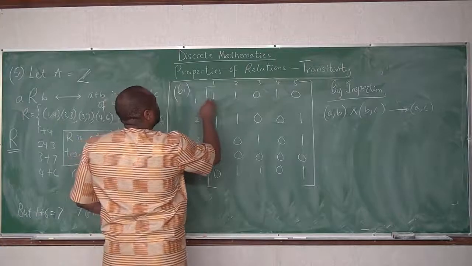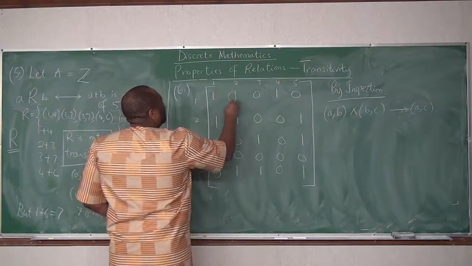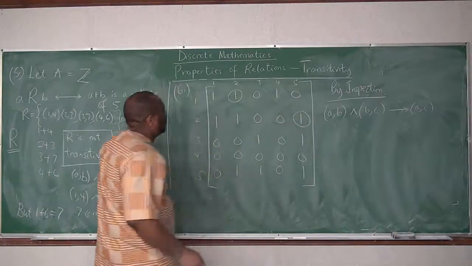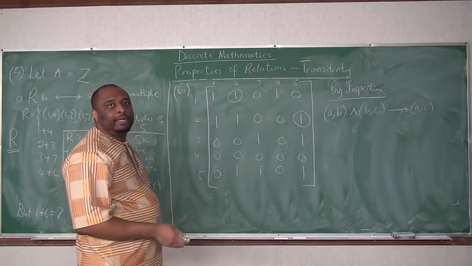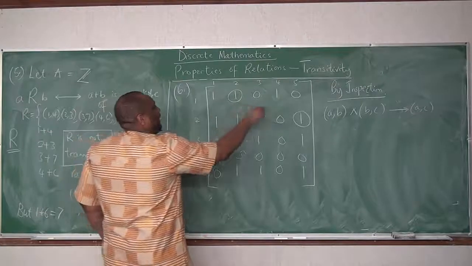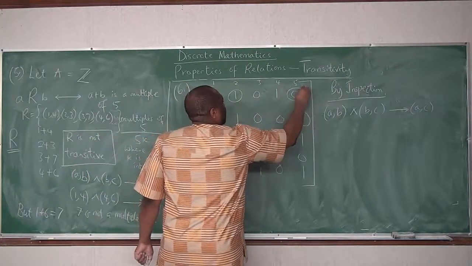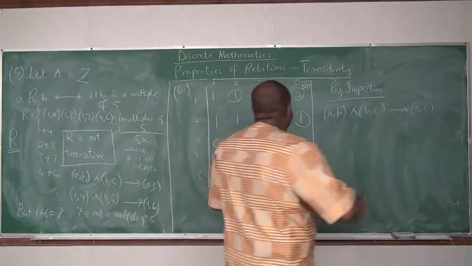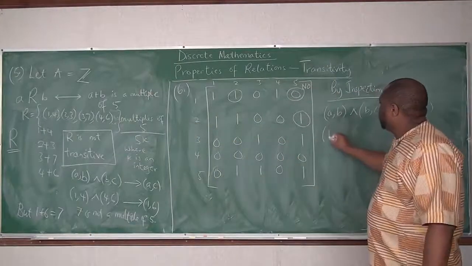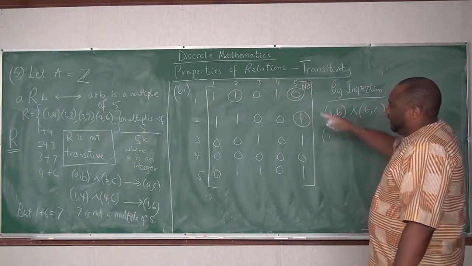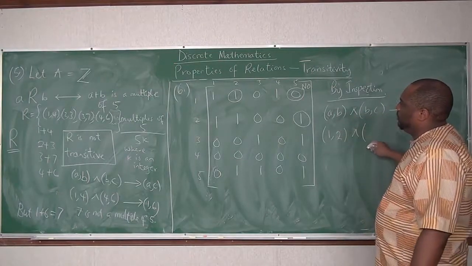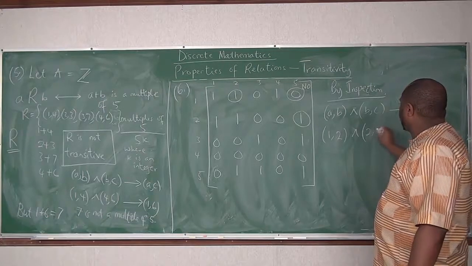You could see right here immediately. You have (1, 2) and you have (2, 5). So you should have (1, 5). By inspection, just like that, you see (1, 2) is there, and you have (2, 5).